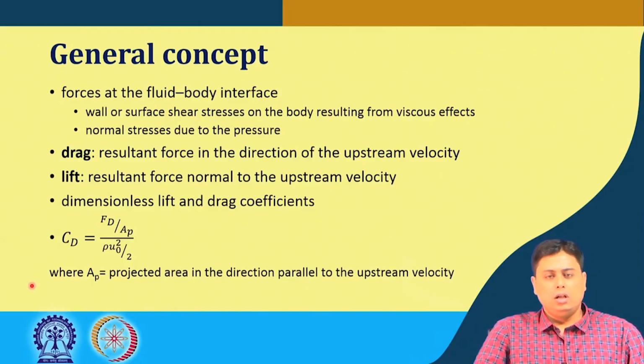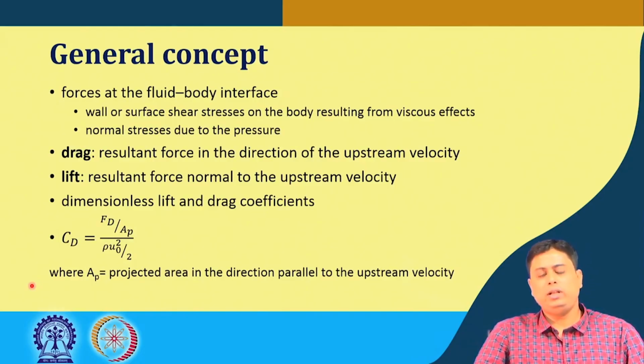These two components contribute to the overall drag force. When we calculate the drag force, it has a component of this shear stress drag and the normal stress drag, which comes from the pressure.